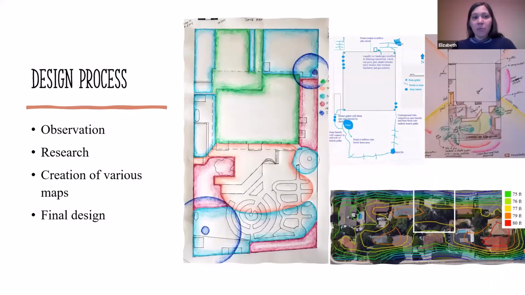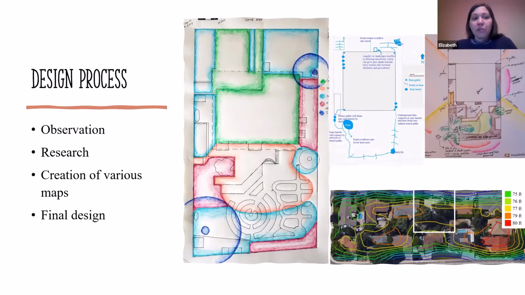A typical design process for permaculture is, again, I mentioned the observation. So first you observe, ideally for a year. And with that, you're watching for all the weather conditions. You're watching for what weeds grow, what insects are present, what wildlife is there, as well as the climate and weather conditions.